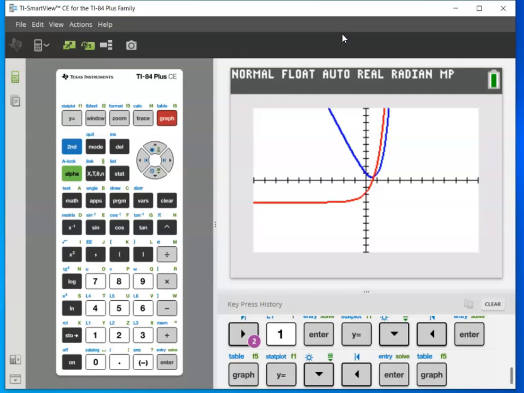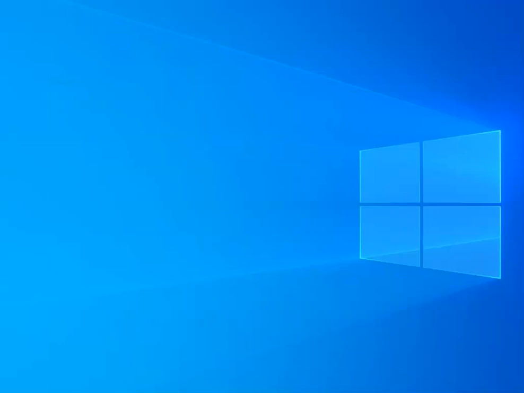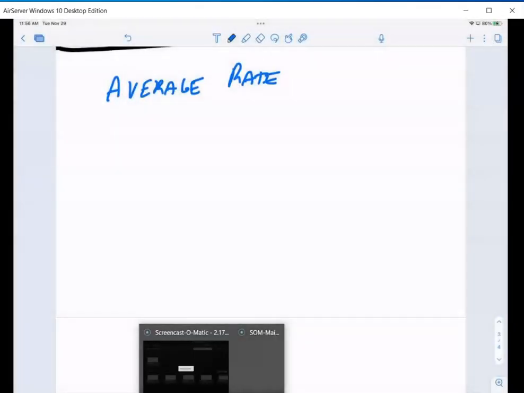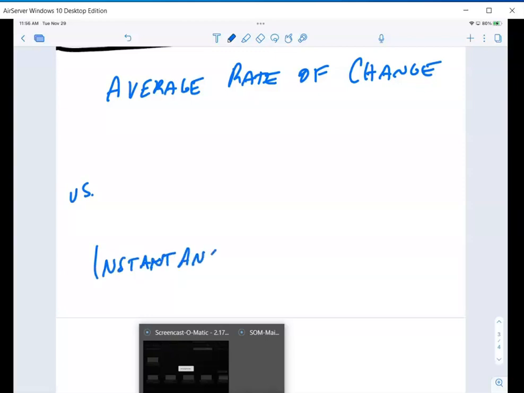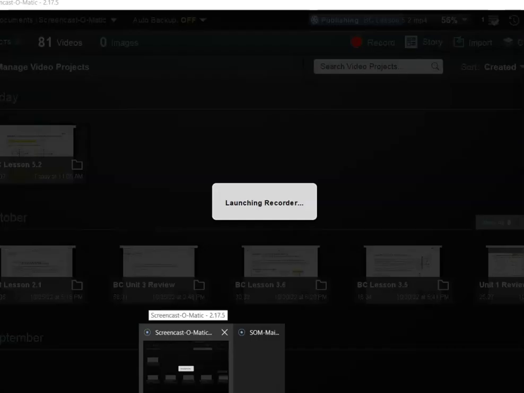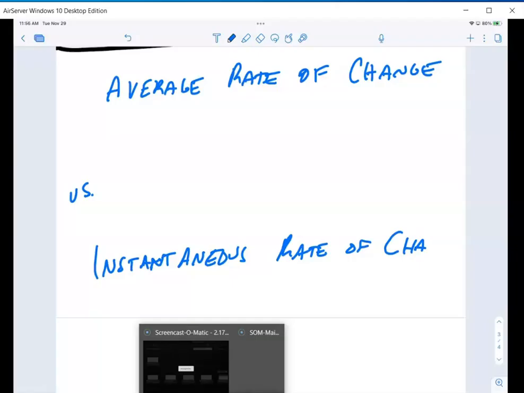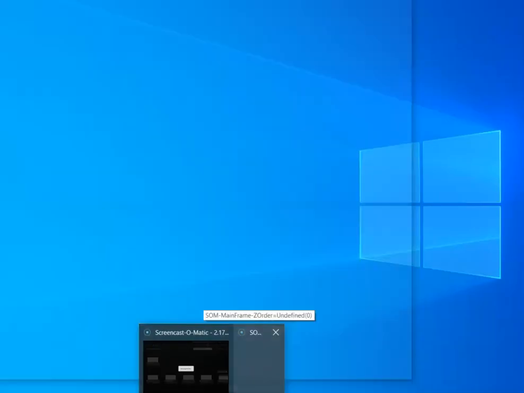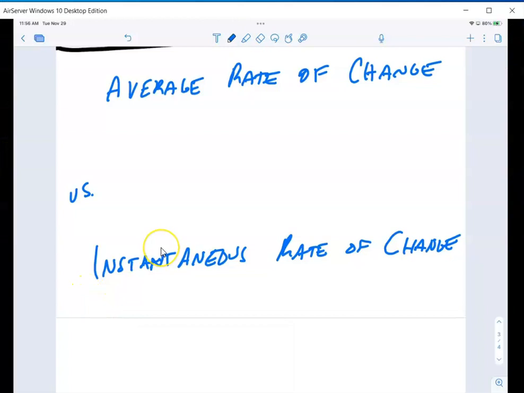Average rate of change versus instantaneous rate of change. Sorry about that. There you go.